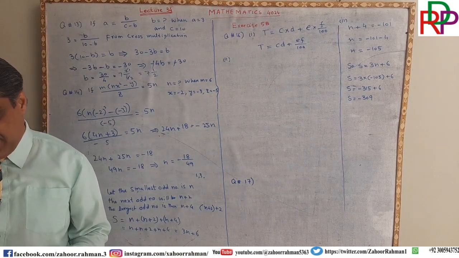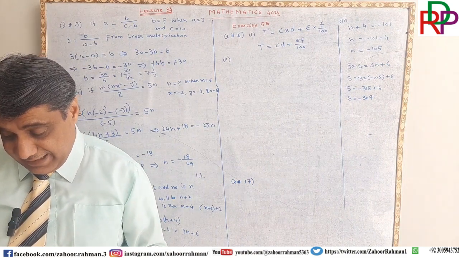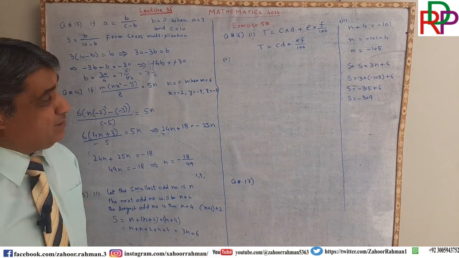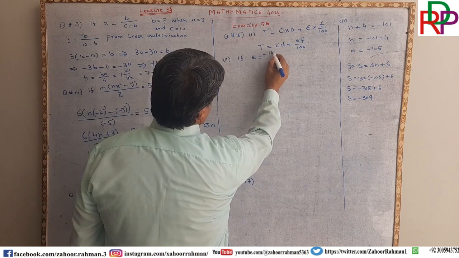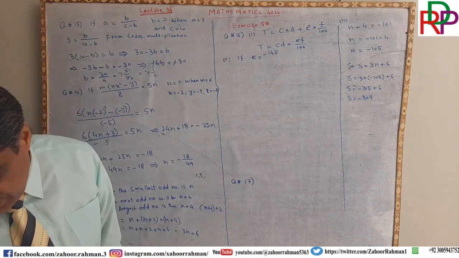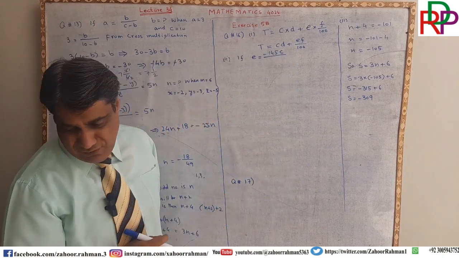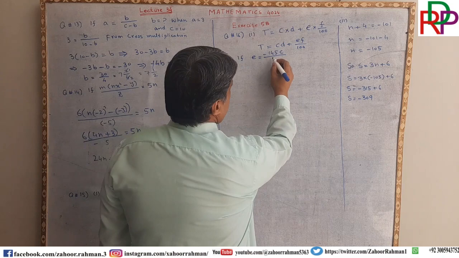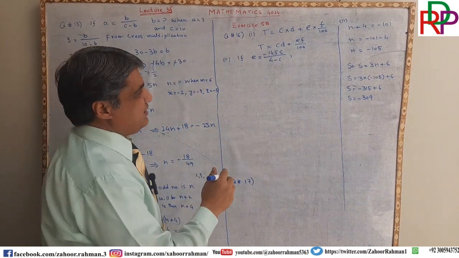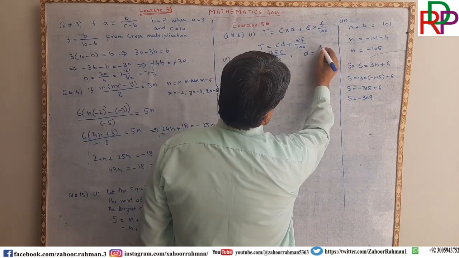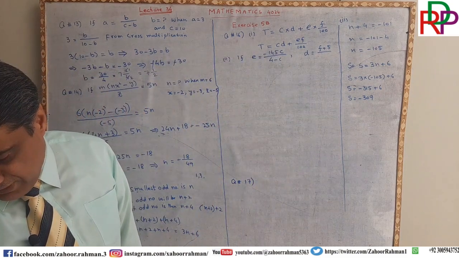Now the second part is a bit interesting. The second part is saying that if E is equal to minus 145C divided by 4 minus C, they have given us this one, and D is equal to F plus 5 divided by 50.